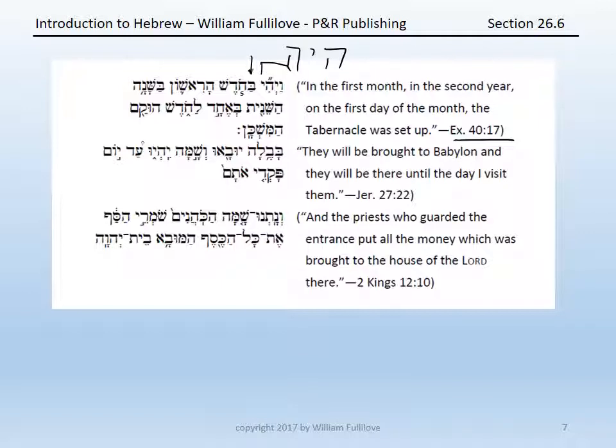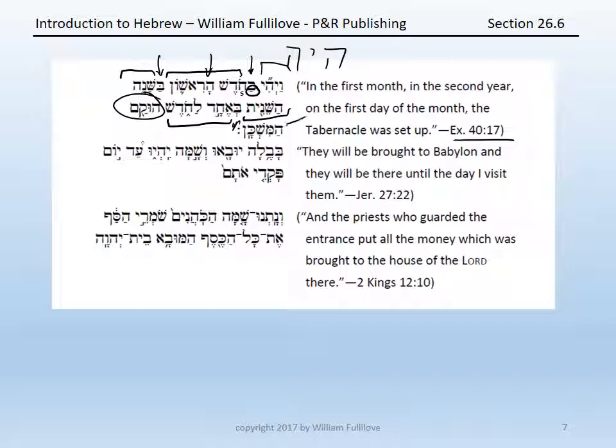Ba, on, notice that we have ba, so on the first month, the first one, on or in shana hashenit, the second year, on echad lachodesh, the first of the month, hukam hamishkan.